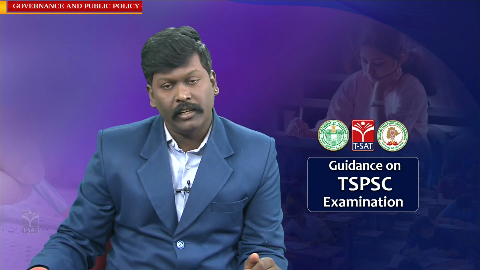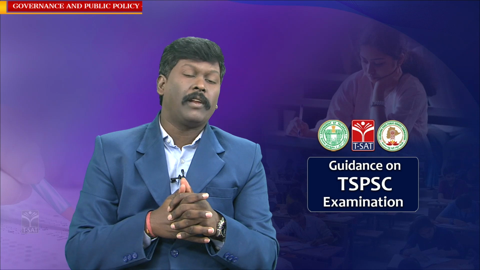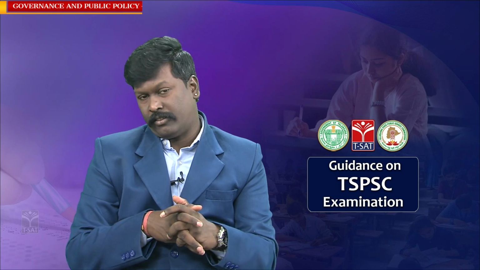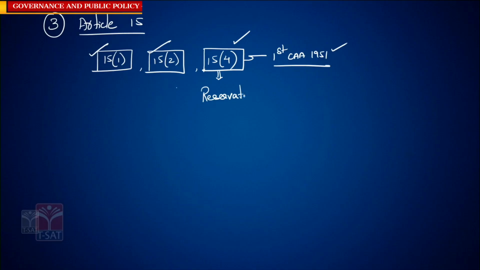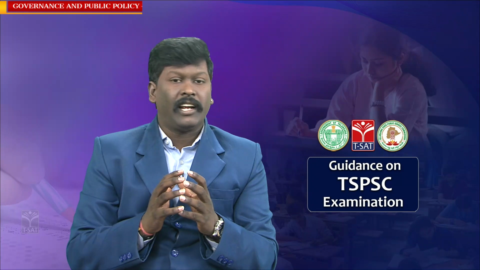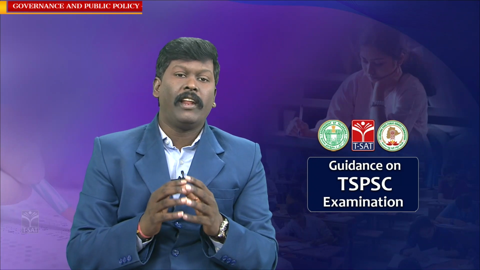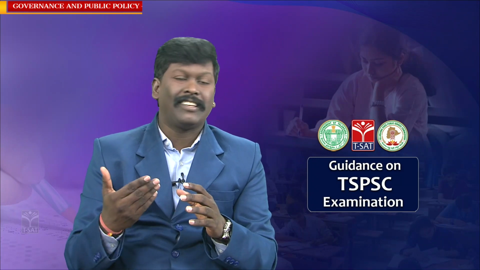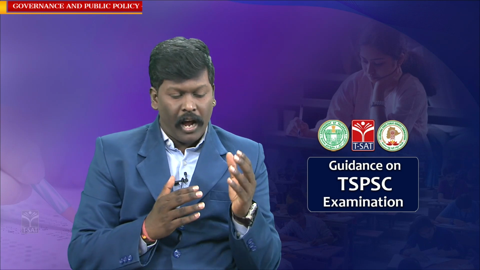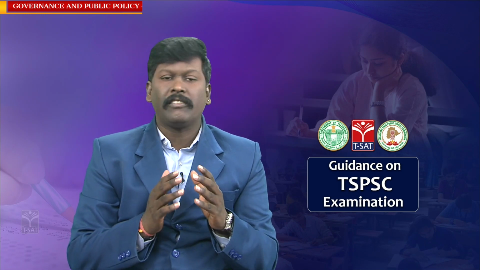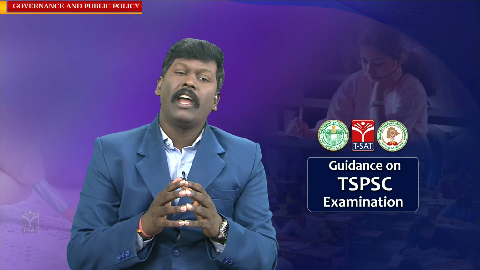It says that nothing in this article shall prevent the state from making special provisions for SCs and STs. Meaning Article 15 clause 4 deals with the concept of reservations. So Article 15 deals with three subclauses which are very important.